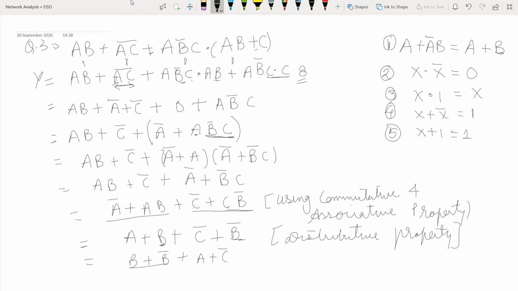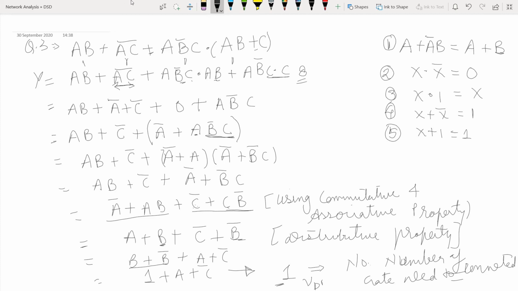Okay, now this B plus B bar is 1 plus A plus C bar. Now this comes out to be 1 plus anything, which is 1, which implies no number of gates, theoretically no gates need to be connected. Right, because what we get is 1, meaning we are getting just VDD, the power supply source, so wherever input we had to apply the output of this logical expression, there we can directly connect VCC or VDD.